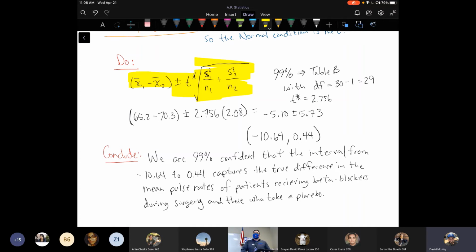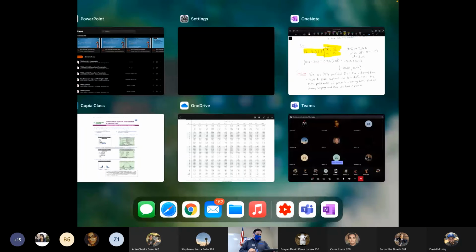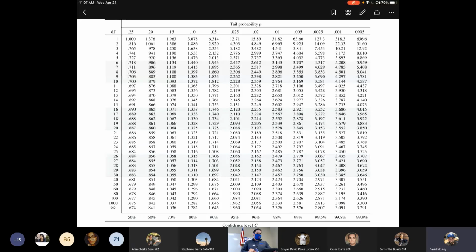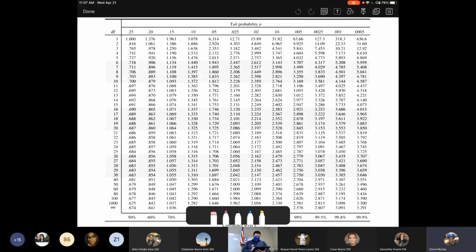We find the 99% confidence interval using table B with degrees of freedom equaling 29. And we will, on the shared screen here, look at table B. So if you're on your computer, I'm not able to put this on the projector at the moment, but if you look at the shared screen here, we're looking at table B, all right? And we get 99% down at the bottom there.